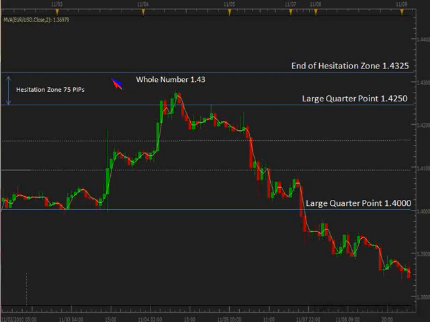And ultimately, as a result of that, we can anticipate prices to fall back into their previous large quarter and then begin to work, in the euro-dollar example, instead of on a quarter above $1.4250, when they hesitate within that hesitation zone and they reverse and then encounter resistance at the large quarter point, then we can begin to prepare for a move in a quarter in the opposite direction, between $1.4250 and $1.40.